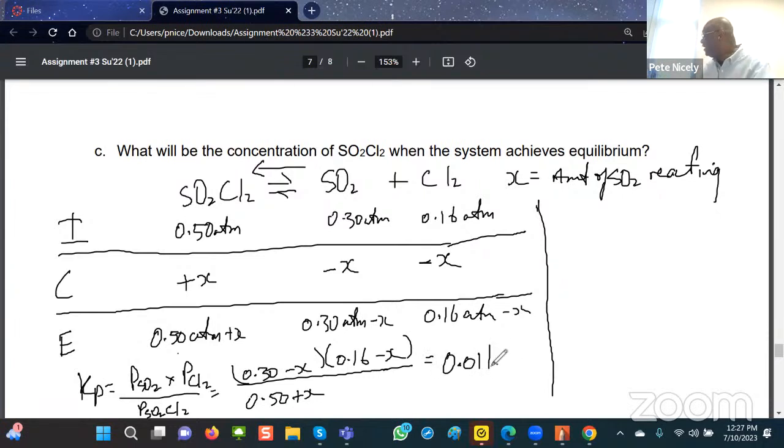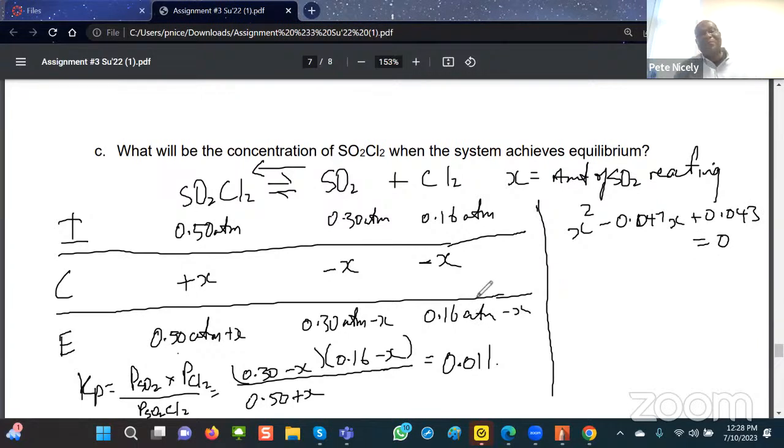Okay, and basically, you need to go through several algebraic steps, which I won't go into right now. I'm just going to get to the equation that you need to solve. And that equation will be x squared minus 0.047x plus 0.043 equals 0, all right?